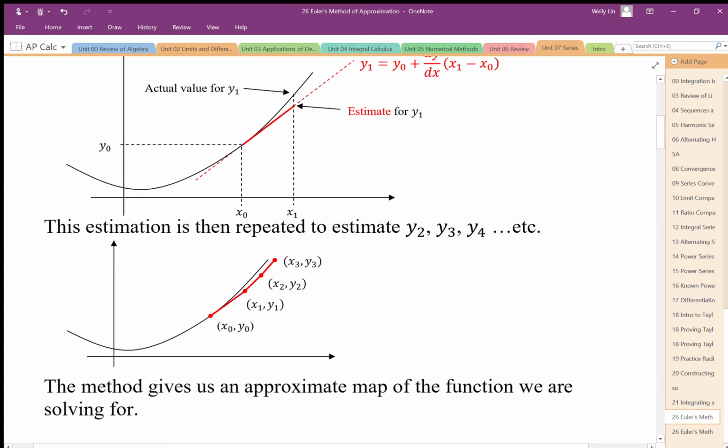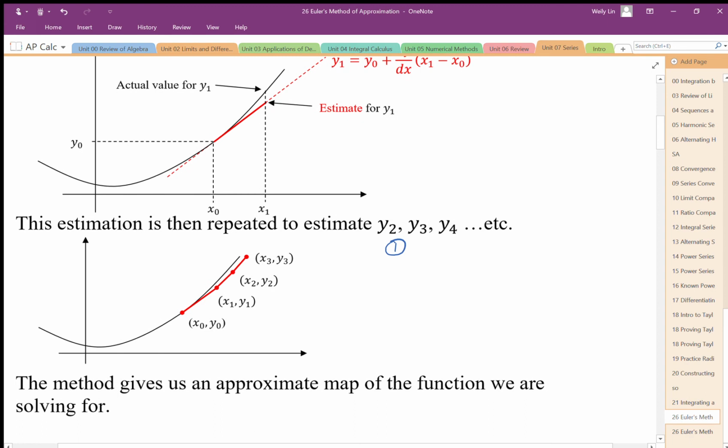Okay? And so the process is going to be this. So I'll list out the process here. The first step is we generate the slope. We find the slope with the function dy dx.